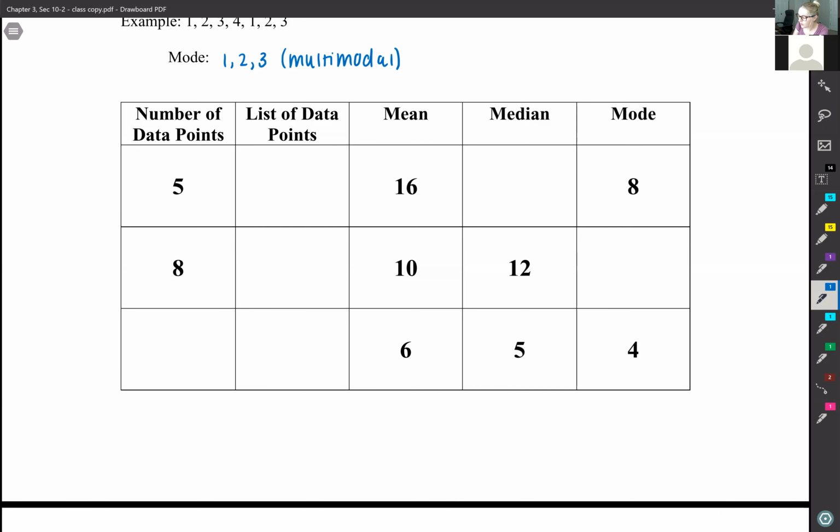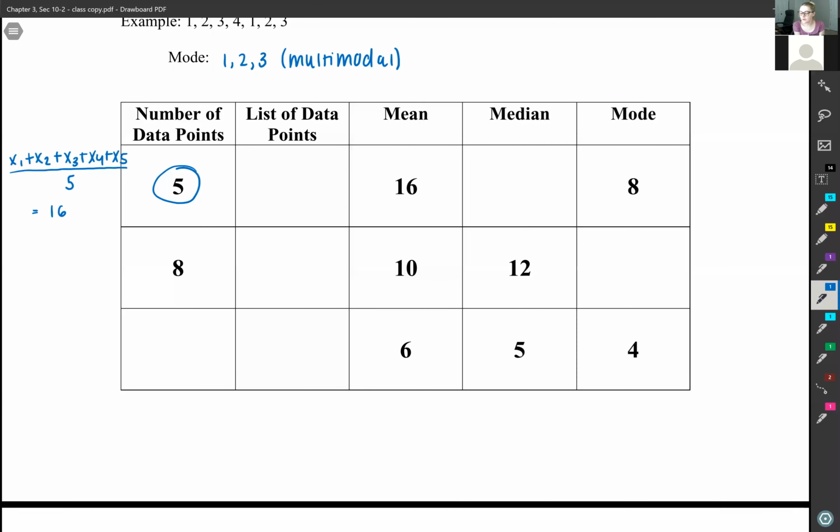So we know that when we add up all 5 of the data points, and then when I divide by 5, I know that I get 16 as the answer because my mean is 16.